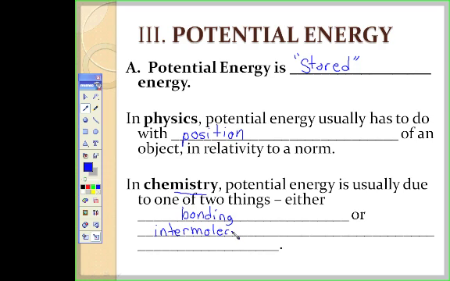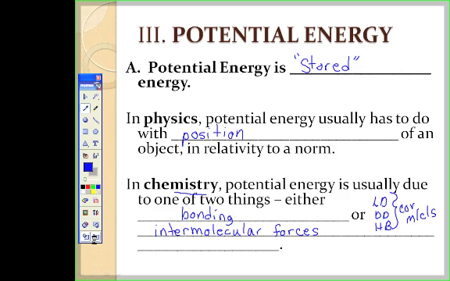If you remember from our bonding unit and our liquids unit, intermolecular forces are the London dispersion forces, the dipole-dipole, the hydrogen bonding that we see with discrete covalent molecules. Bonding would be metallic bonding, covalent bonding, network covalent bonding, ionic bonding, and that type of thing.